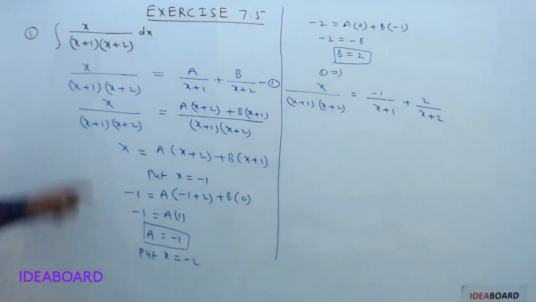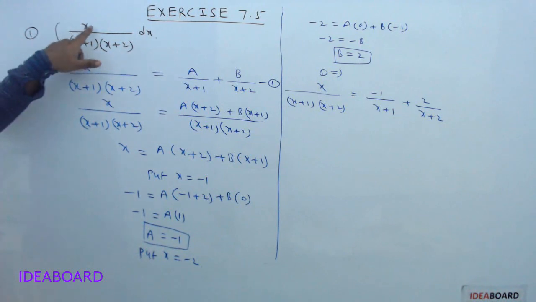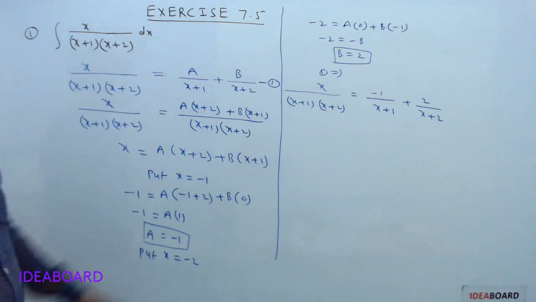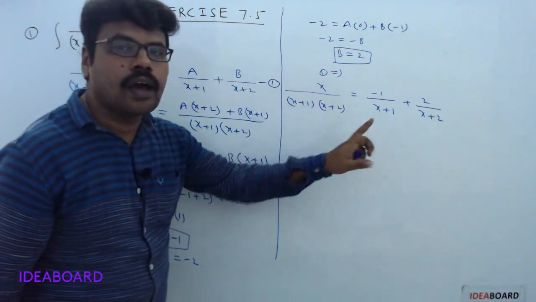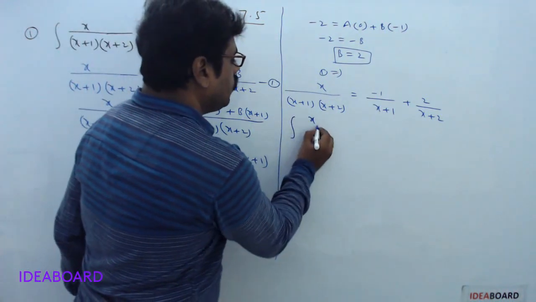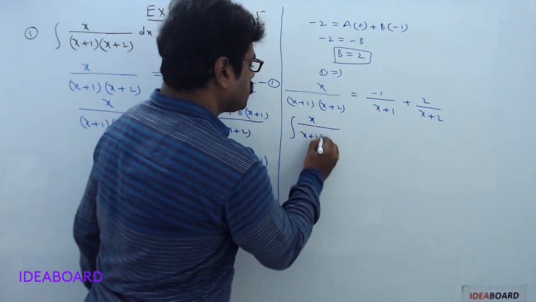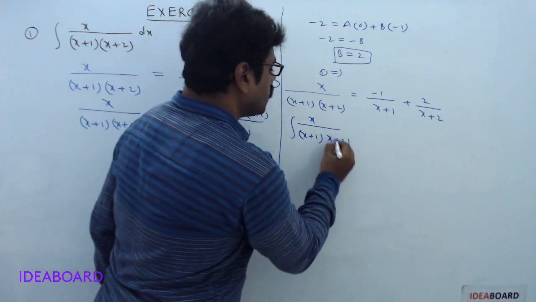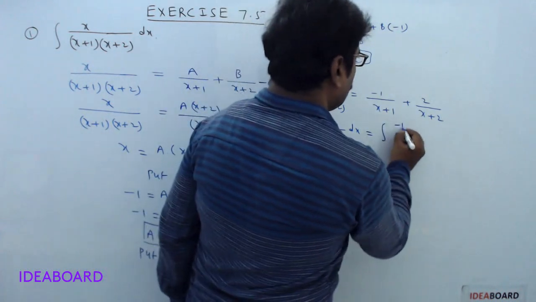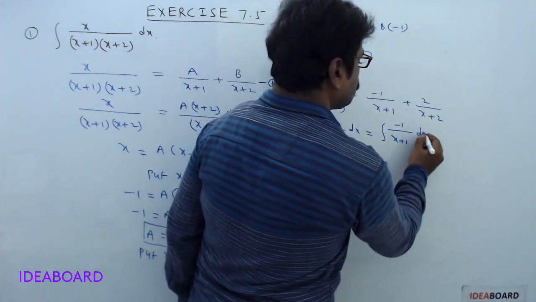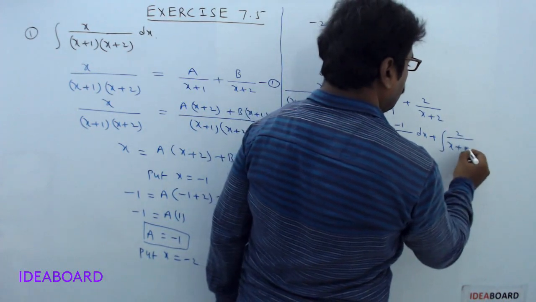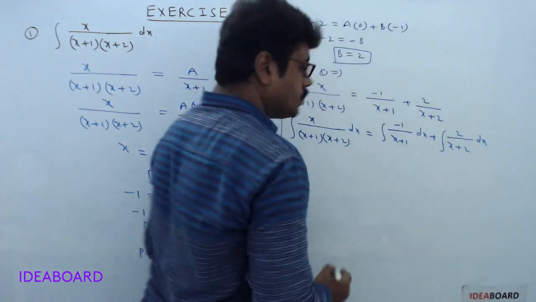Now what is your given problem? Integral x divided by x plus 1 into x plus 2 dx. Now integrate this equation on both sides with respect to x. So integral x divided by x plus 1 into x plus 2 dx equals integral minus 1 divided by x plus 1 dx plus integral 2 divided by x plus 2 dx.